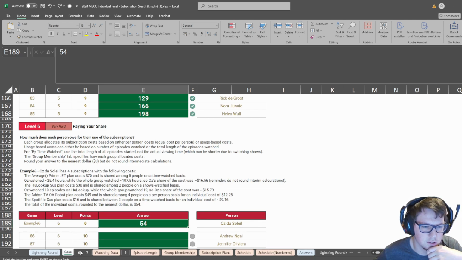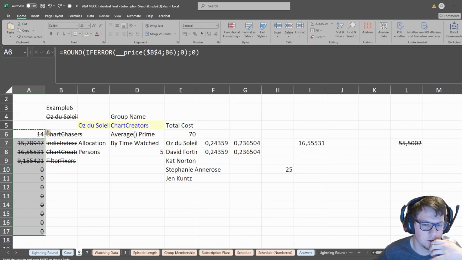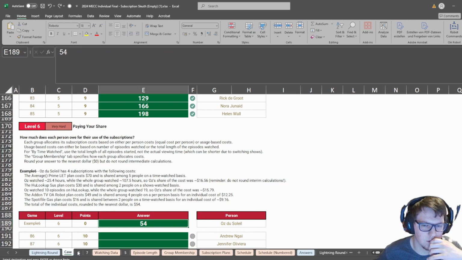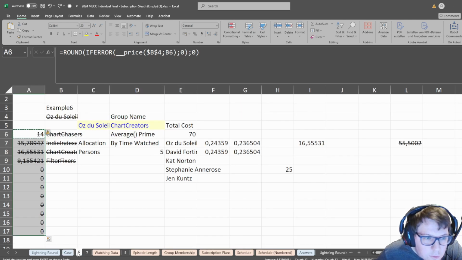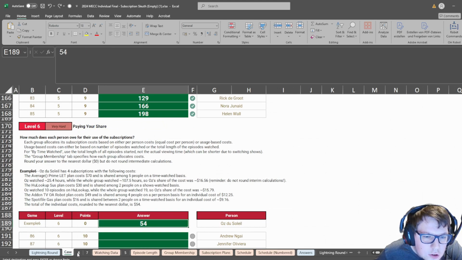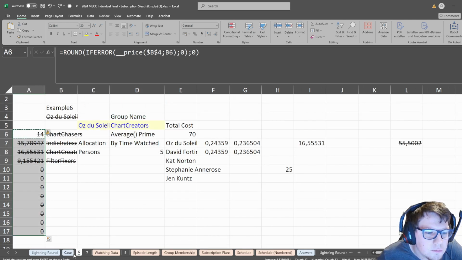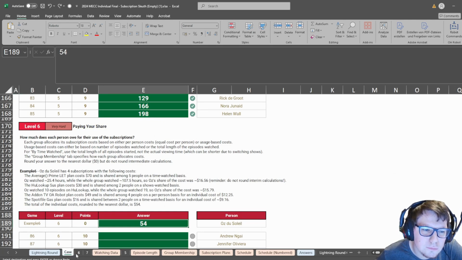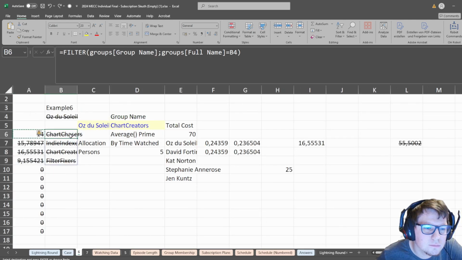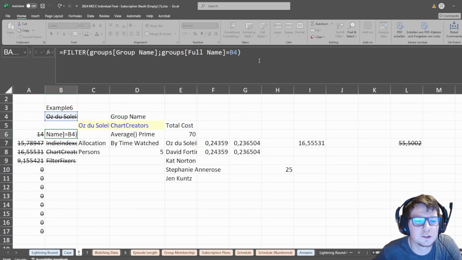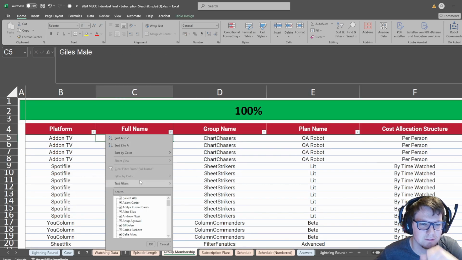Spotify gas plan cost 16, individual cost of 9, 16.56. We have this. We have 15.79. We have not 12.105 for the add-on TV Array Robot plan, because Os is not a member there.